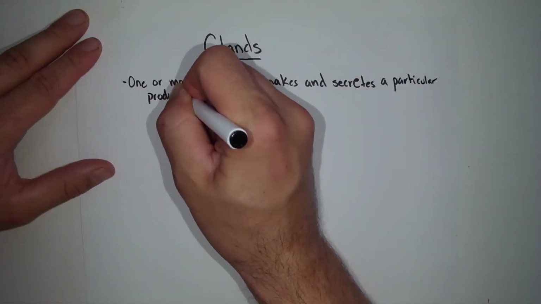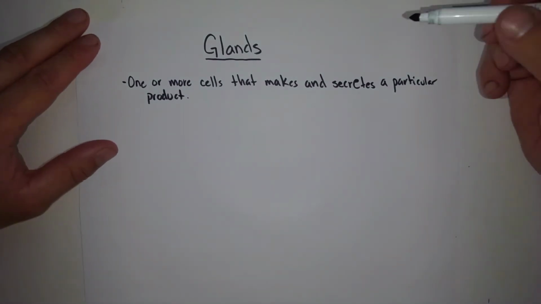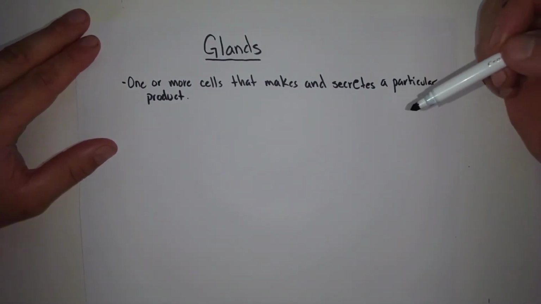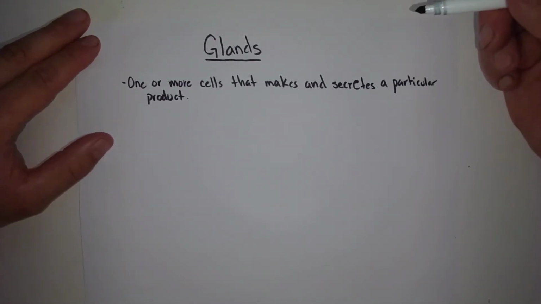So one or more cells that make and secrete a particular product. By this definition, virtually any cell in the body can be considered a gland.